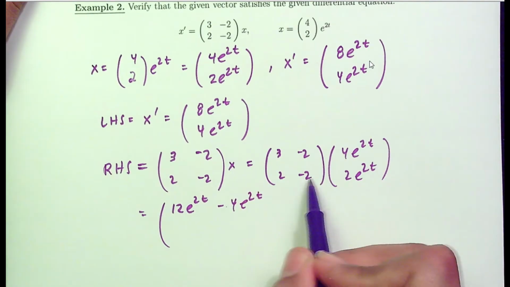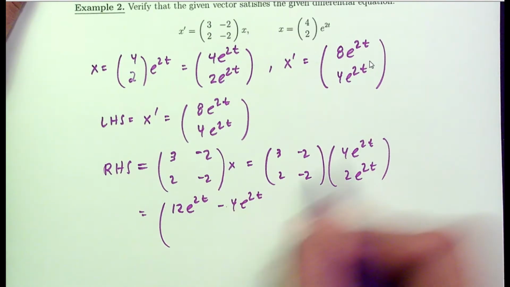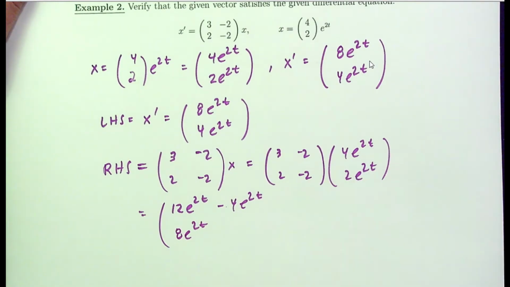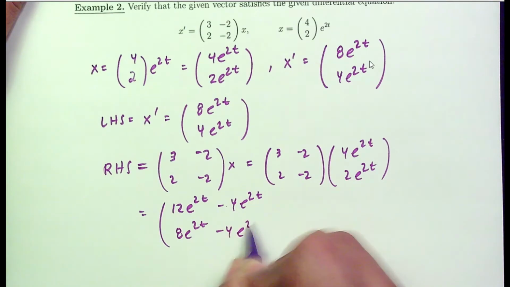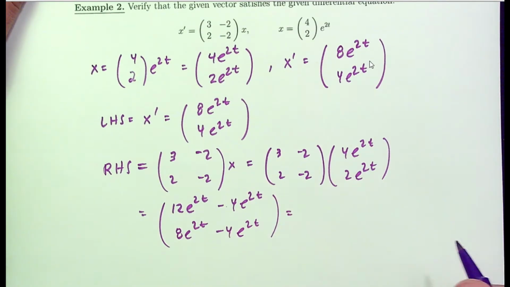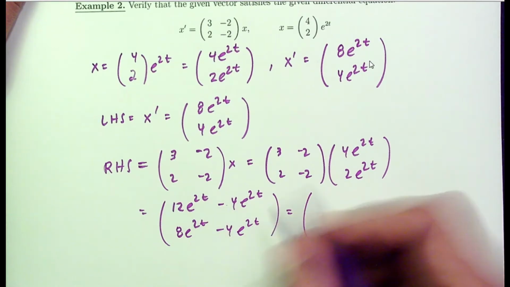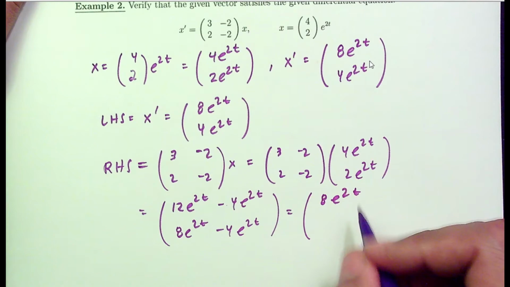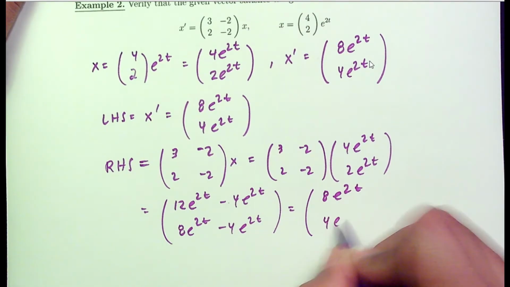Now the dot product of the second row with that column: 2 times that would be 8 e to the 2t, and then negative 2 times that will be negative 4 e to the 2t. Simplifying, these are all like terms, so you can combine. This is 8 e to the 2t, and 12 minus 4 is 8, and 8 minus 4 is 4 e to the 2t.